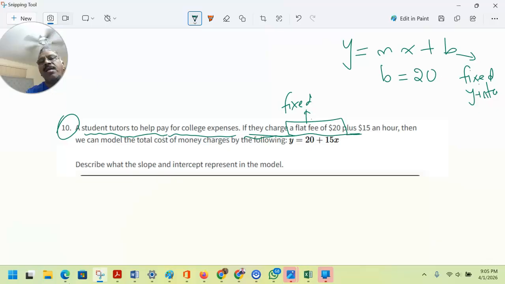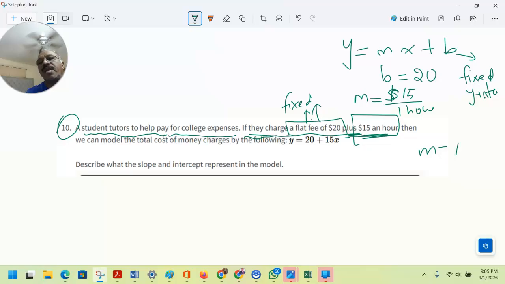But then after that, in addition to this $20 fixed amount, he gets $15 every hour. That means the slope, the rate of change, is $15 per 1 hour. So each hour again. So m is 15. That's all it means. So the equation becomes y equals 15x plus the fixed amount, that is $20.